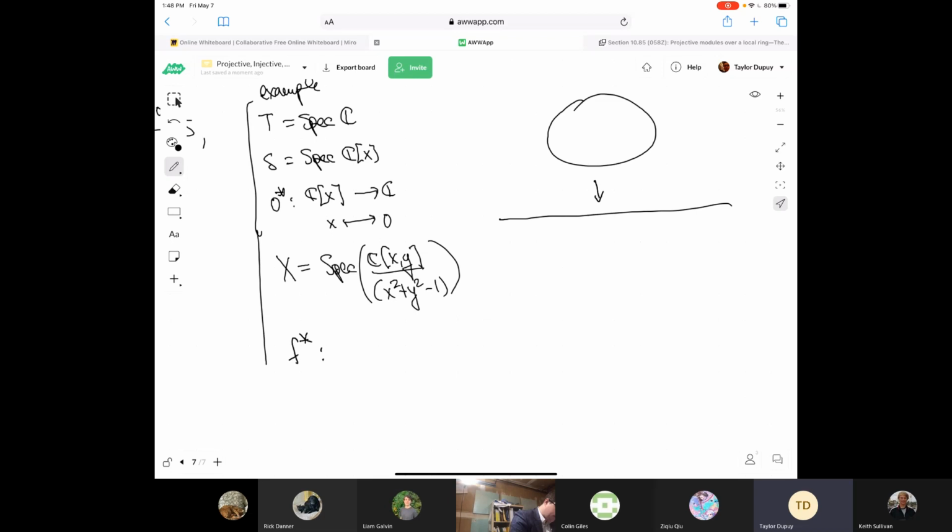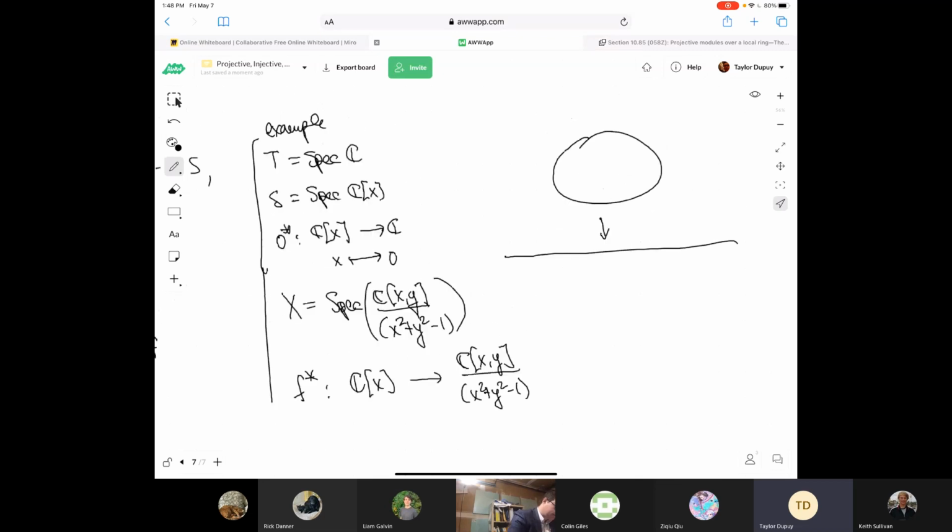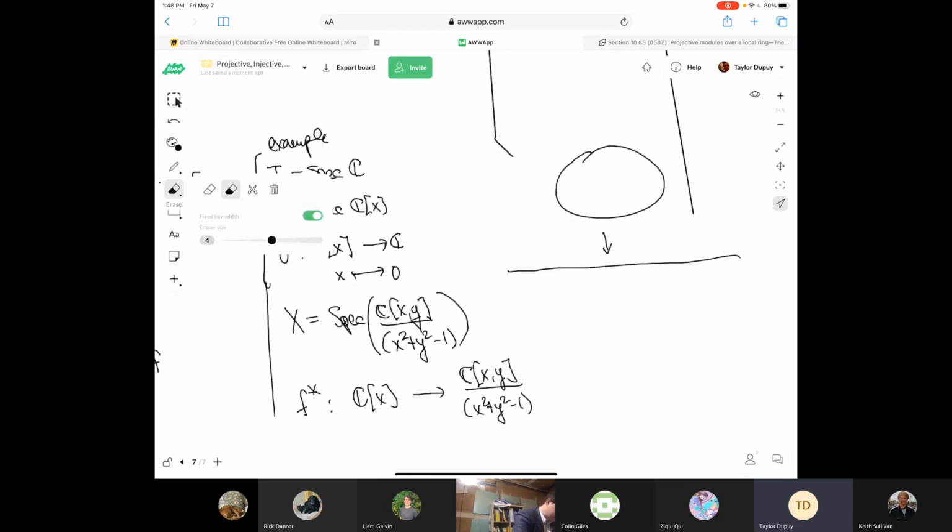We need a map from here down to the bottom. This is the algebra map, C of x goes into C of xy mod x squared plus y squared minus 1. This is the backwards of the map that I just drew. So there's X, and here's S, and we're mapping down.